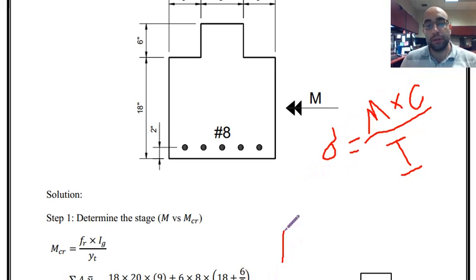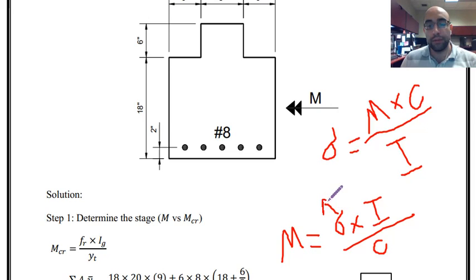So moment will be stress multiplied by I over C. For the case of cracking moment, this stress will be Fr, tensile strength of concrete, because concrete cracks where it is in tension, so it should be tensile strength of concrete, or Fr.